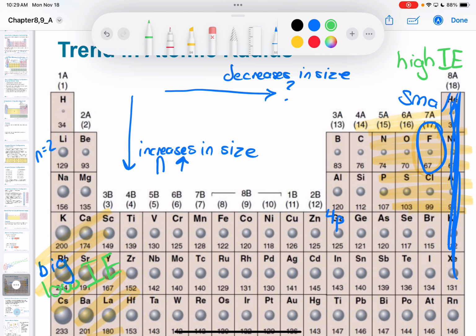She doesn't have a very good hold on them, and so it's pretty easy for those electrons to be taken away. Now, it does take some energy, but it doesn't take a lot of energy to remove them from rubidium.